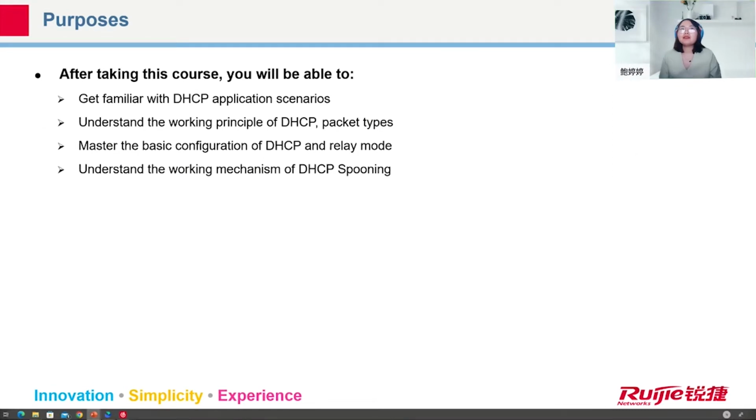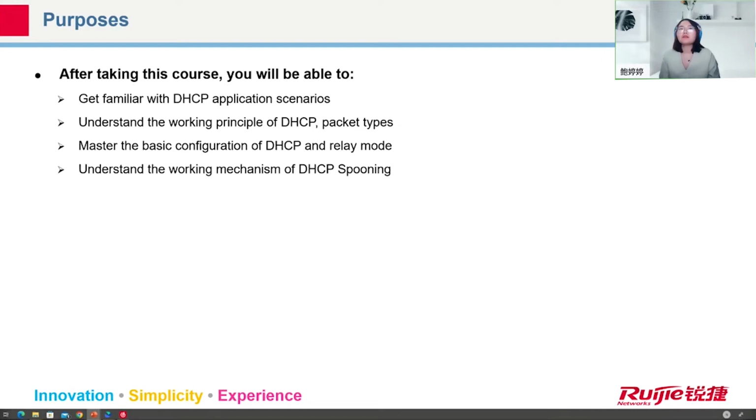After taking this course, I hope you will be familiar with which scenarios are better suited to DHCP, the working principle of DHCP, and the different types used when we deploy it. Second, we will learn the key configuration of DHCP and a special application, the relay.